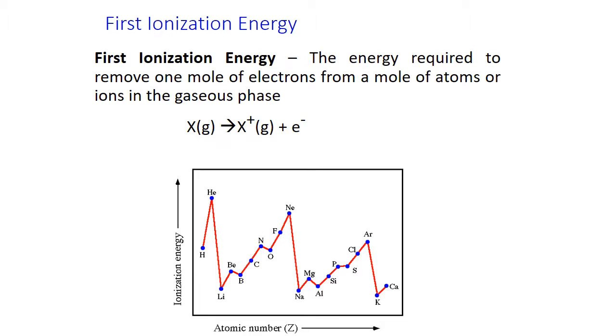We've already looked at this in the last topic. First, ionization energy. It's basically the energy required to remove one of those electrons from the atom to make it an ion in the gaseous phase. We've already discussed that in the last unit, so if you need further assistance, go back and have a look at those videos and PowerPoints.